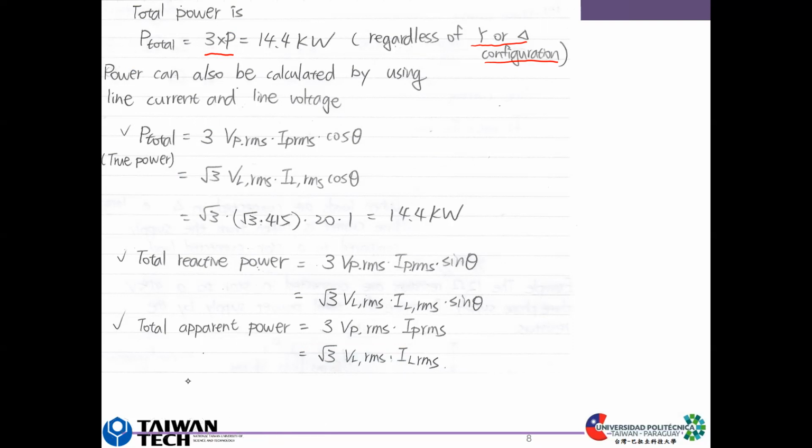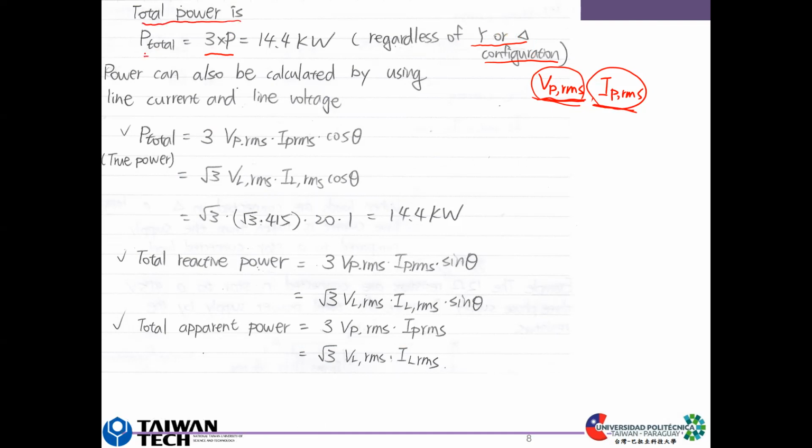The only thing we need to care about is to calculate VP RMS, the voltage across the load, and IP RMS. As long as we know the phase voltage and phase current, we can calculate the total power. For both Y and delta configuration, once we have the phase voltage and phase current, we can apply that formula to calculate the total power.